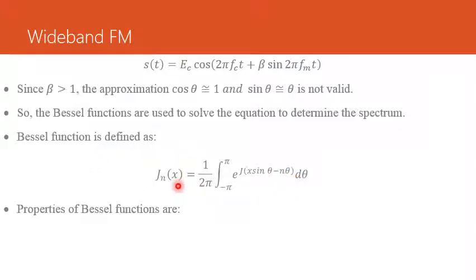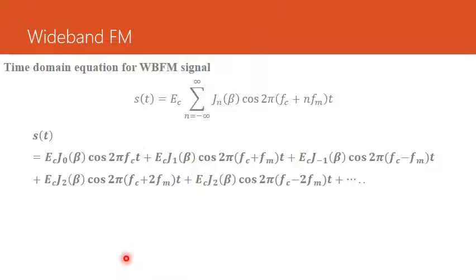This Bessel function has two main properties: Jn of x is equal to minus 1 raised to n times J minus n of x, and the summation from n equal to minus infinity to infinity of Jn square of x is equal to 1.